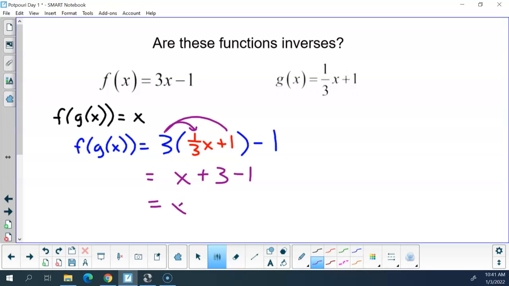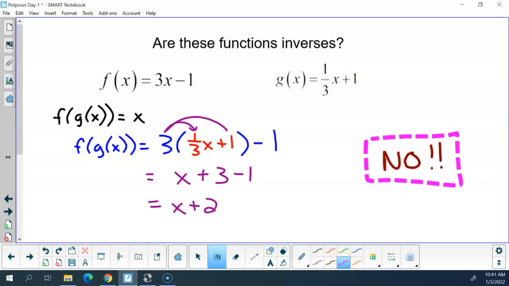This gives me x plus 2. No, right? Hard no, because it's not just x. If one fails, they're not inverses.